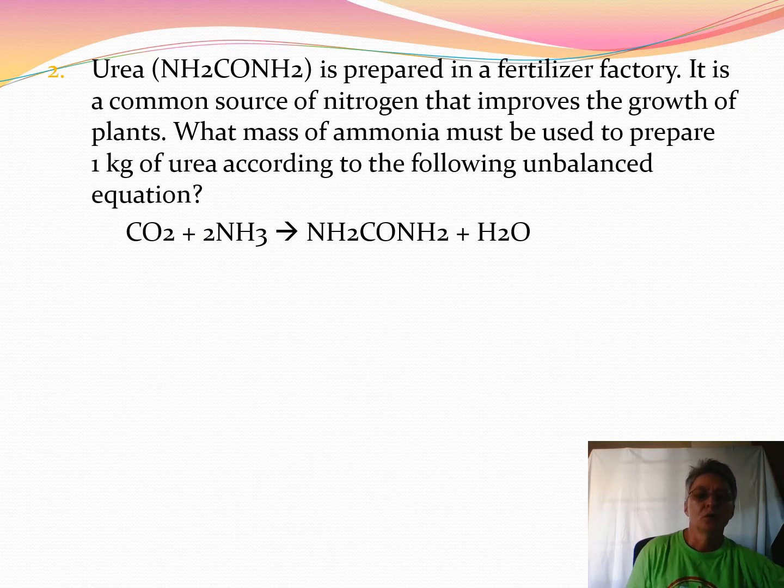Next one, we use urea, and they give us the formula there. It is prepared in the fertilizer industry. It is a common source of nitrogen used for the growth of plants. What mass of ammonia must be used to prepare 1 kilogram of urea according to the following unbalanced equation?